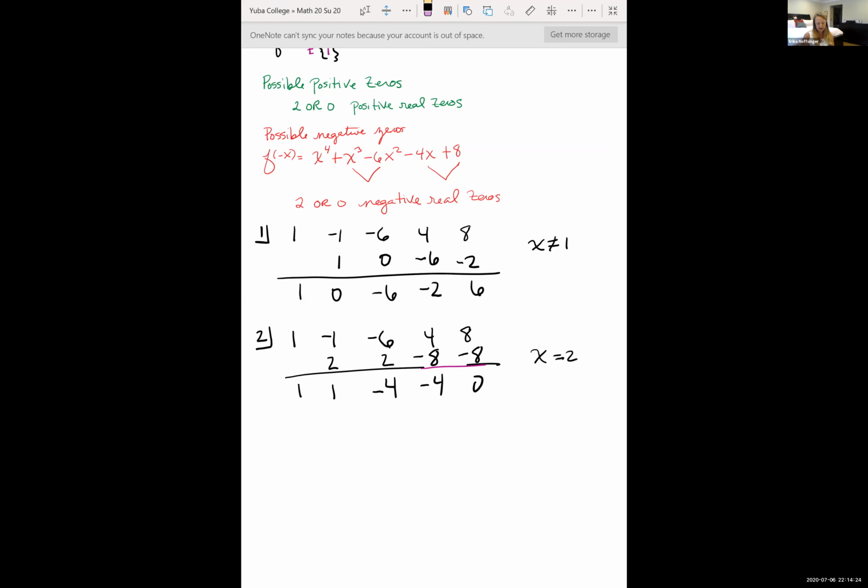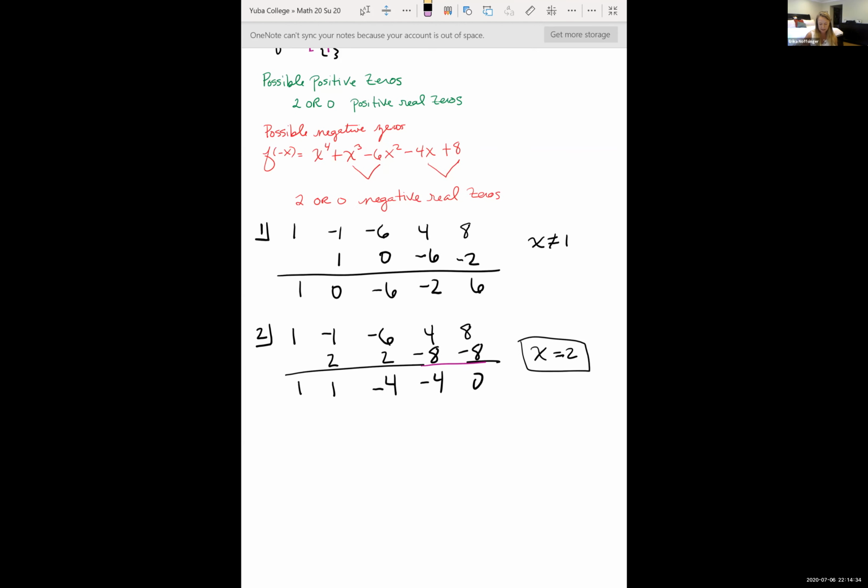And it's not necessarily an upper bound because these are not all positives. It's possible that this 2 can work again. I want to break this down though, because it's easier to find the zeros if we keep breaking that polynomial into simpler factors.